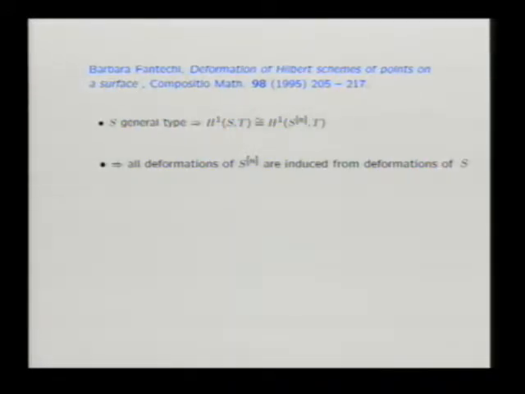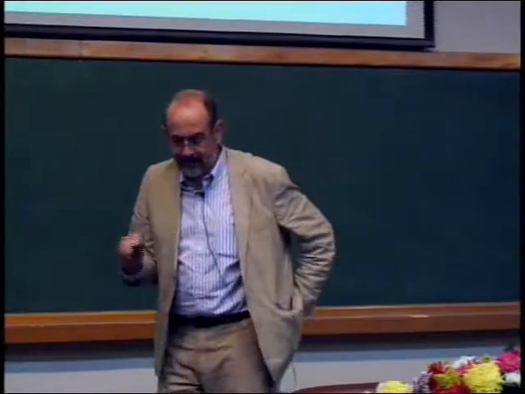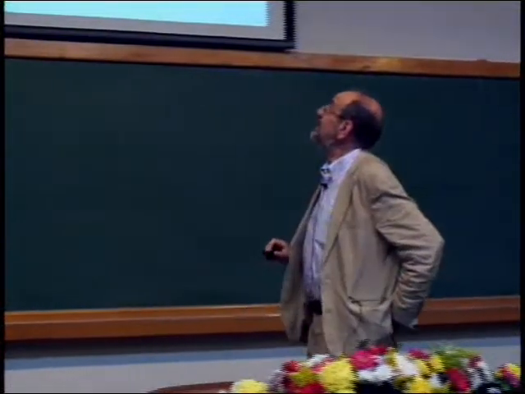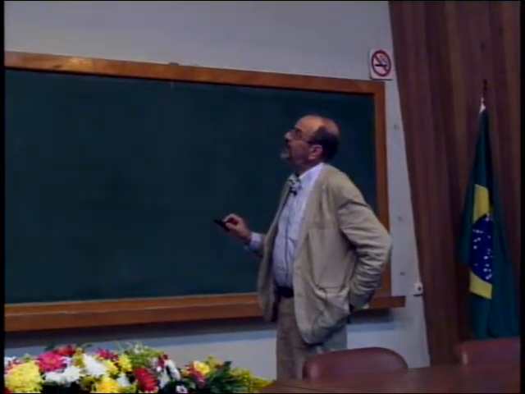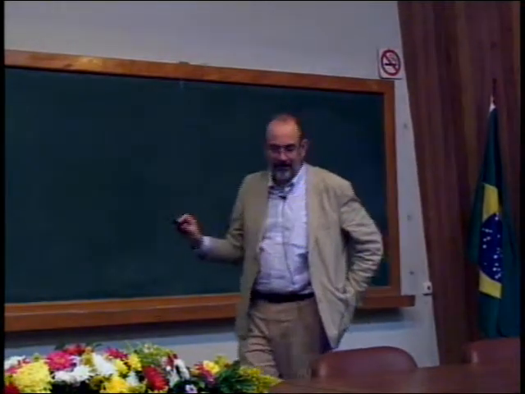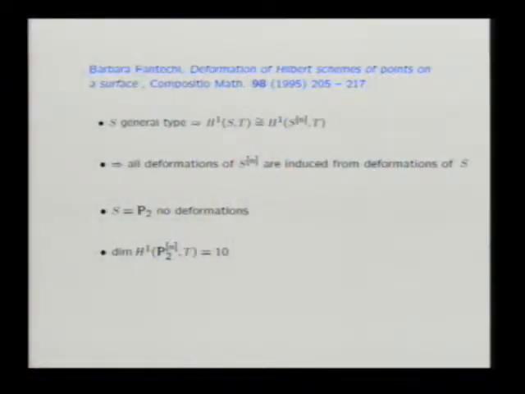On the other hand, if you look at her methods, and you don't look at a surface of general type, then you find that if you take the simplest possible algebraic surface, the projective plane, that is totally rigid. It has no deformations at all. On the other hand, this space here actually is a 10-dimensional vector space.